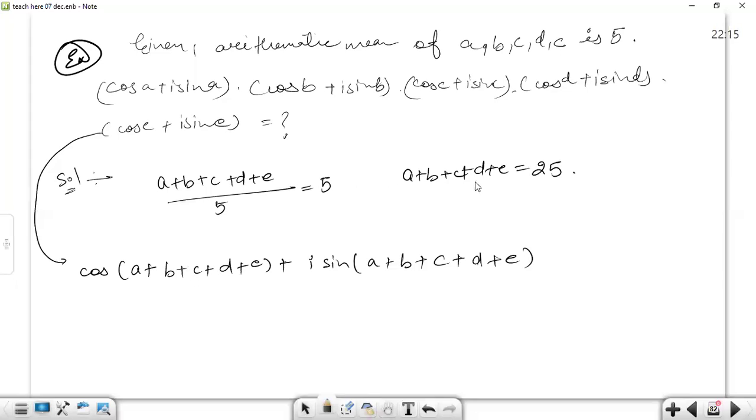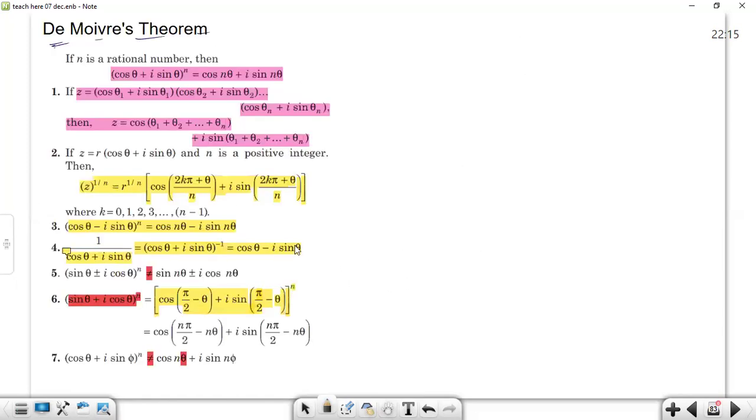Now we know the sum. This is cos of 25 plus iota sine of 25. Clear? This is our answer. Any doubts, anyone? No doubts, sir. Let's move ahead now and discuss more properties.